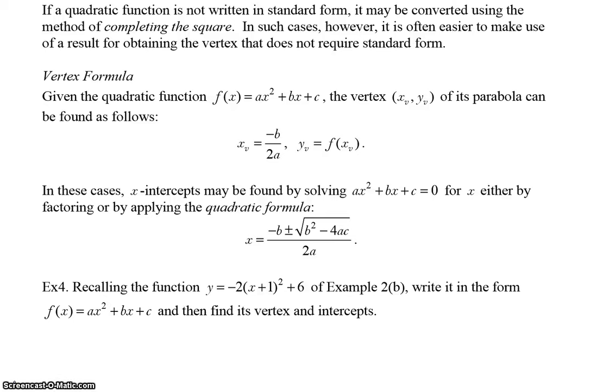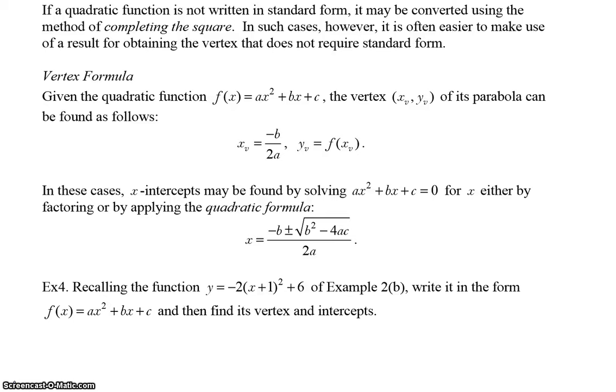The x-coordinate of the vertex is -b over 2a. That is the opposite of b divided by 2 times a. The y-coordinate of the vertex would be the value of the function at the x-coordinate of the vertex. So substitute the x-coordinate back into the function to determine the y-coordinate of the vertex. So essentially, the vertex formula is x equals -b over 2a. That's really all you have to use.